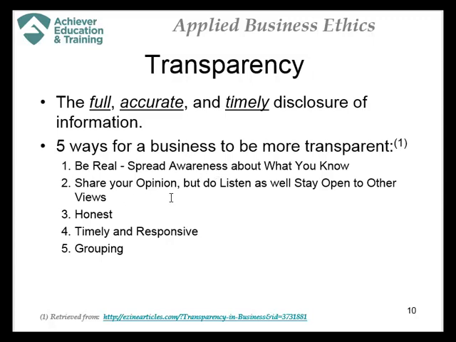Sharing your opinion kind of goes for the workers: being open to other people's opinions and having empathy for other people's situations. And then honesty, that's always key in any organization. If you can't be honest with each other, it's difficult to build trust. And then timely and responsive. That comes down to, if you do detect something wrong, how do you respond to it? Do you wait and hide it like we talked about before?